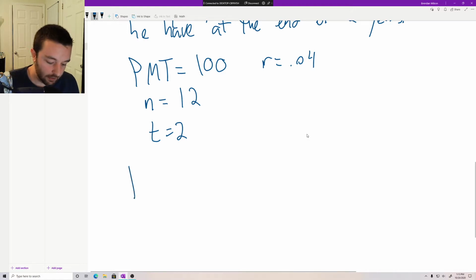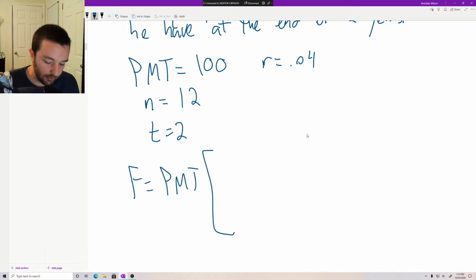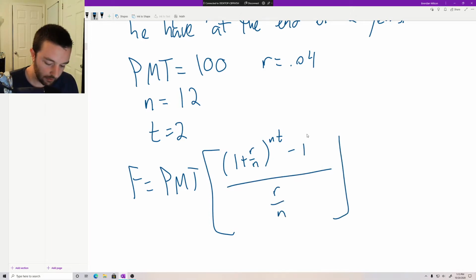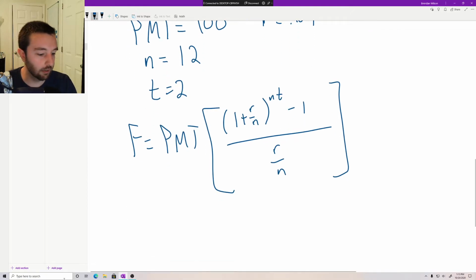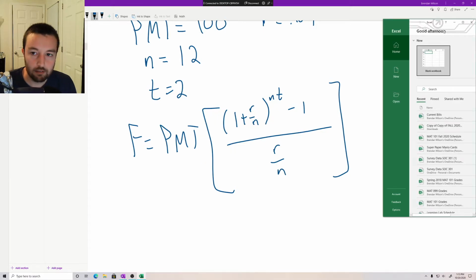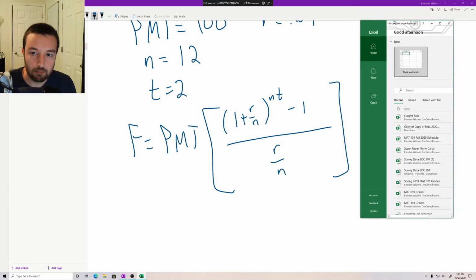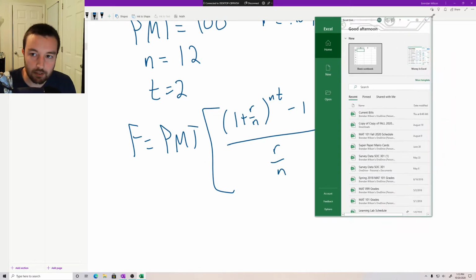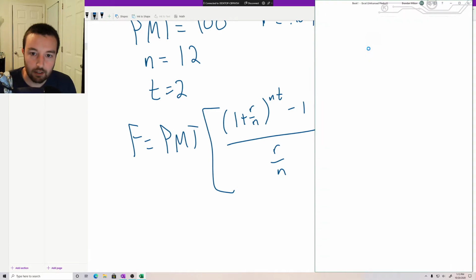So now we have everything, and we need to plug everything into the formula. Let me write it out again. I'll do this in Excel so we can all see. I just feel like it's better than doing it on a calculator off screen.